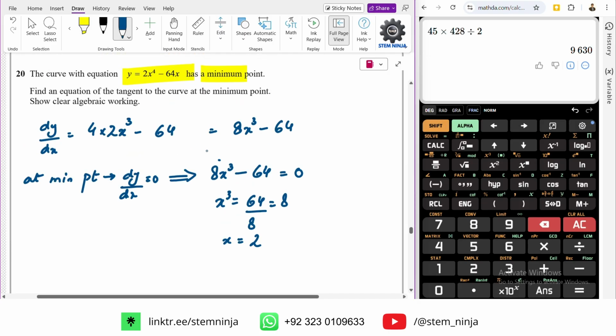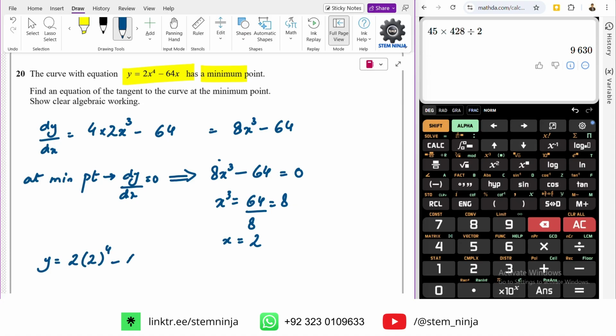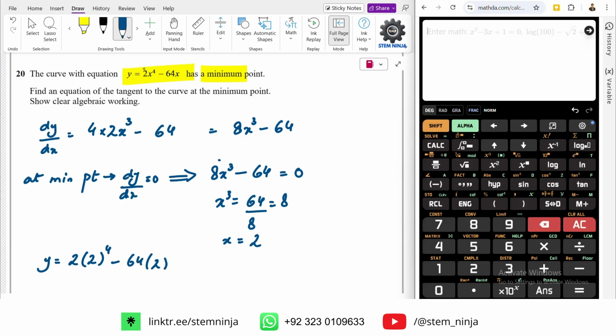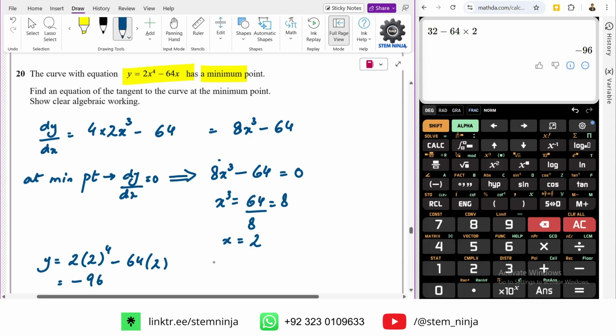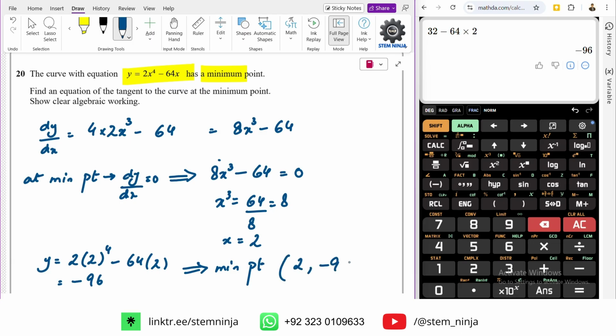Now we need to find out the y coordinate at x is equal to 2, so y is equal to 2 times 2 raised to power 4 minus 64 times 2, so this is 32 minus 128, which is minus 96. So the minimum point is (2, minus 96).